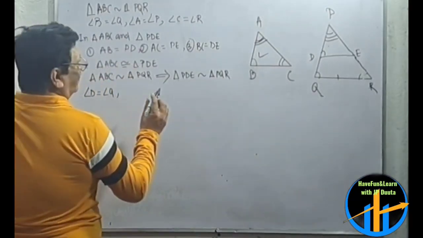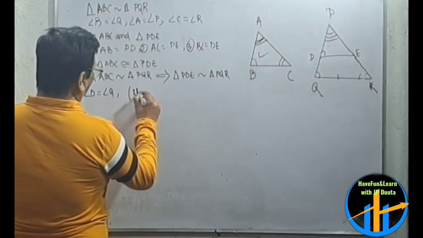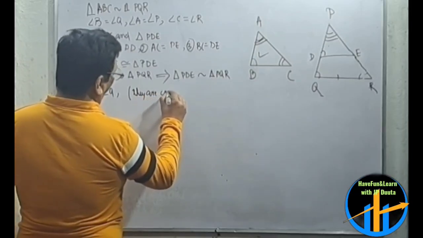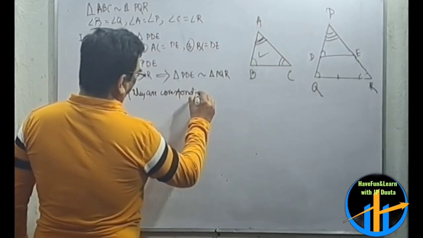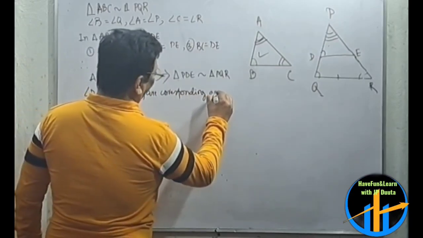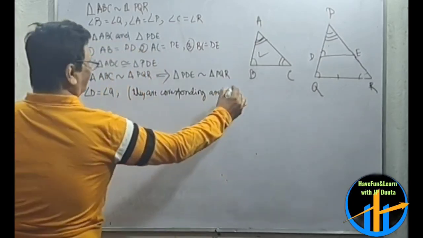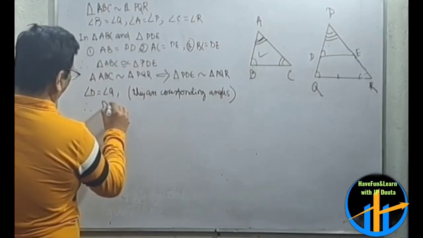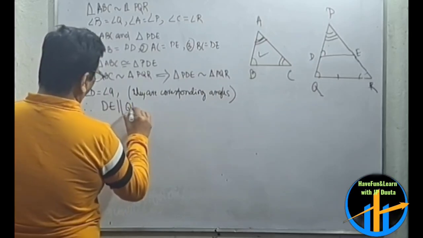So they are corresponding angles. Correct? So we can conclude DE is parallel to QR.